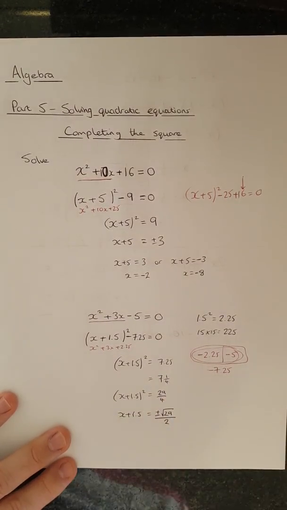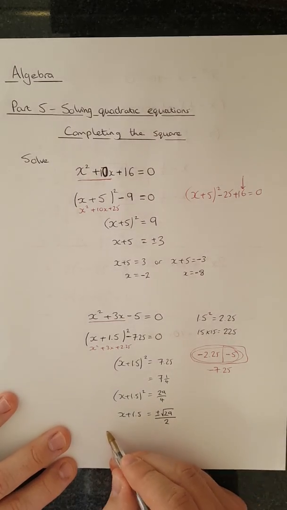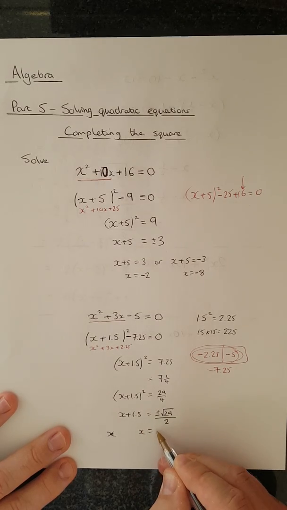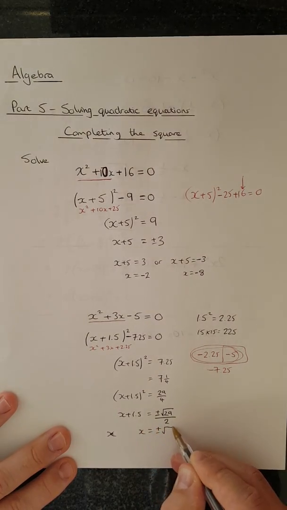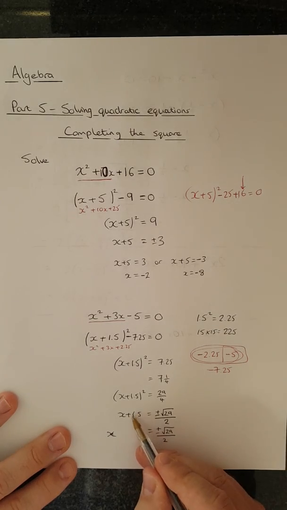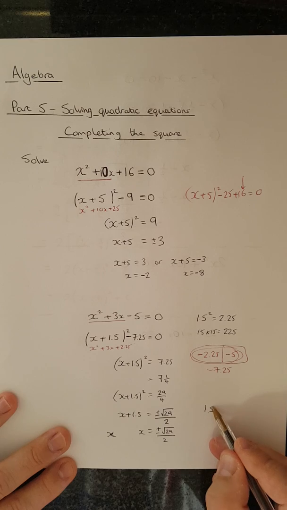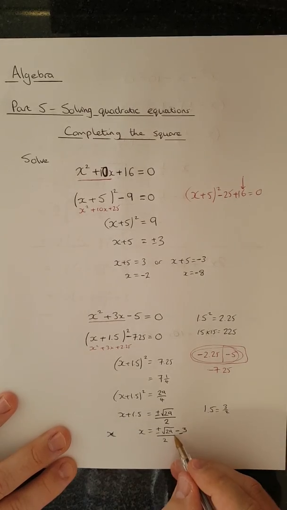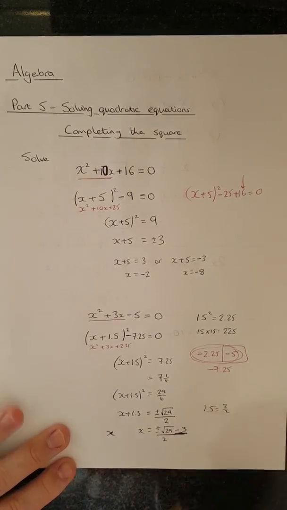Because 4 square roots. Then it's x equals plus or minus root 29 over 2, and this 1.5 could be 3 over 2. So take away 3, and if I put it all over 2, job done.